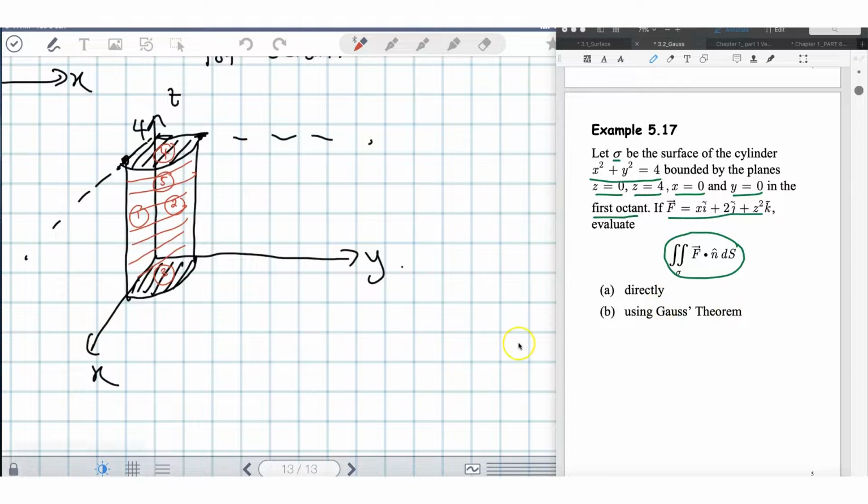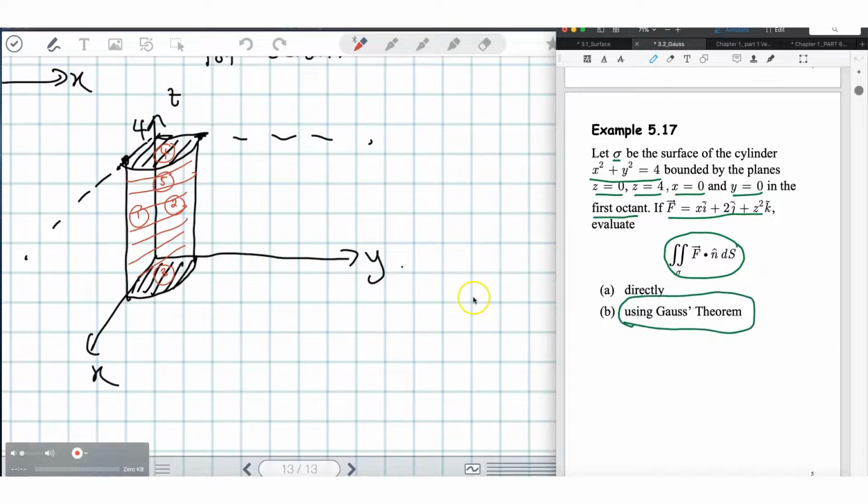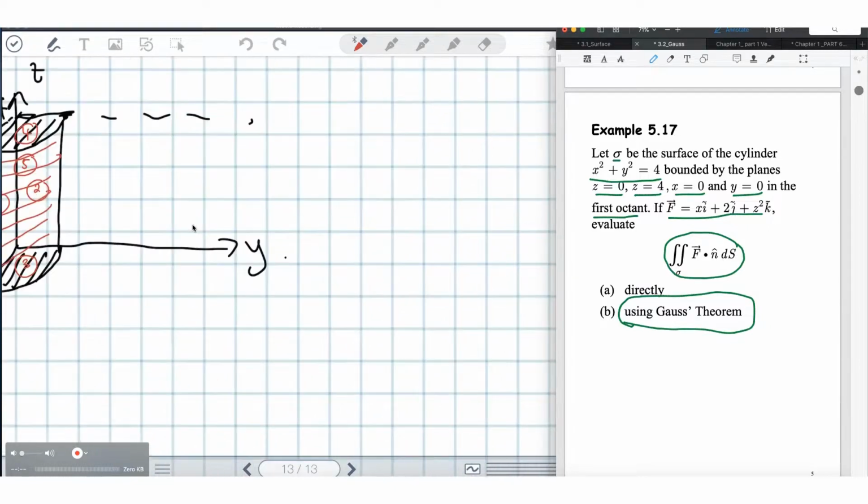In this case, the thing that I want to show you here is only using Gauss, because as we know, we can use the Gauss Theorem. Why? Because we have a closed surface where it is a solid actually. So now we want to solve this using Gauss Theorem.